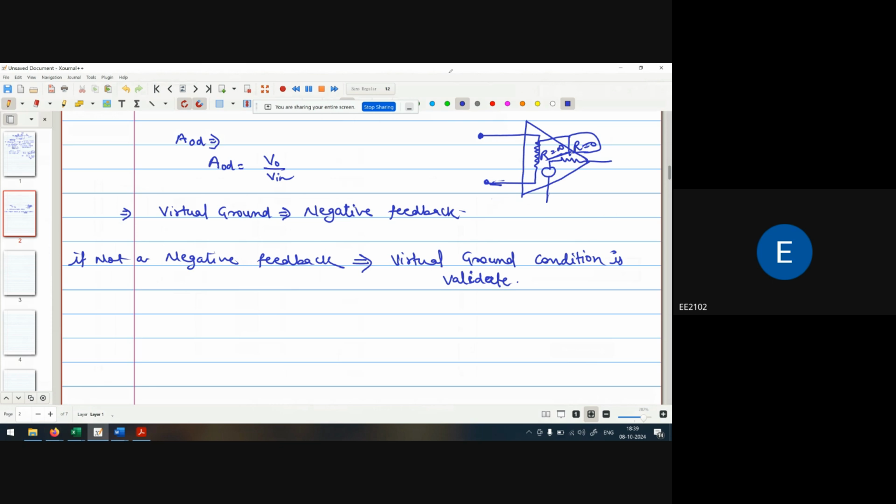Similarly, if we are using positive feedback, we can't say it also works as a virtual ground.